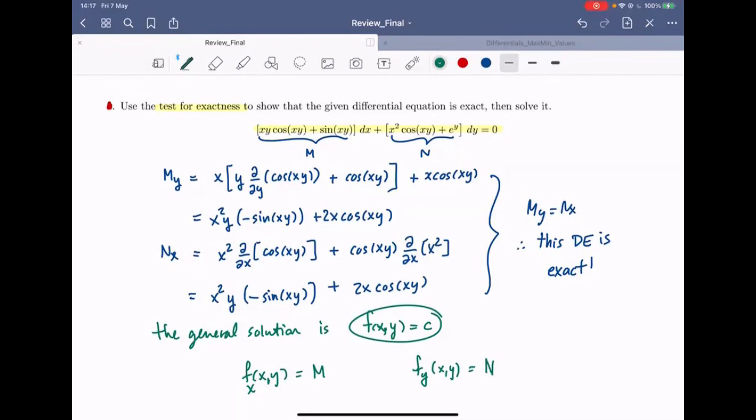Usually what we do is we just start from this equation, f_x equal to M, right? And then I integrate M with respect to x, so I can get my f. That is one way you can do it, because you can just start from M and then integrate M with respect to x, and then you try to get back to the thing you want.